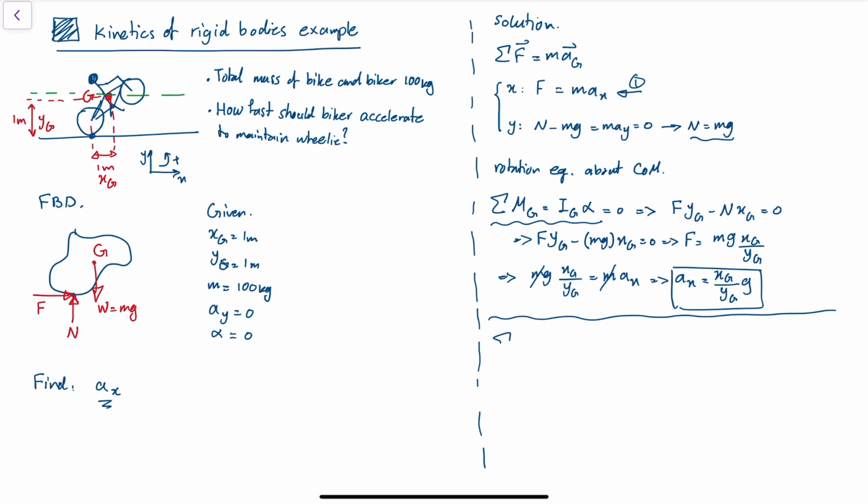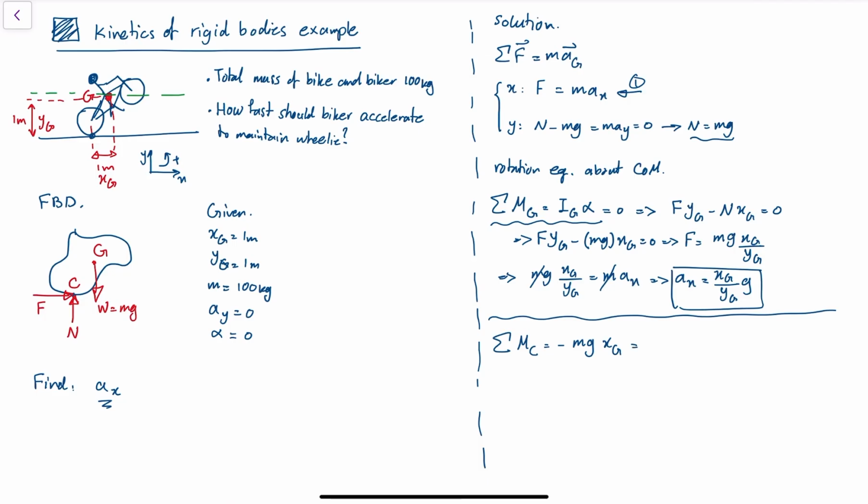So alternatively, maybe I can write moments about, let's call this point C for contact. Moment about this C is only minus mg, your force, times xg.